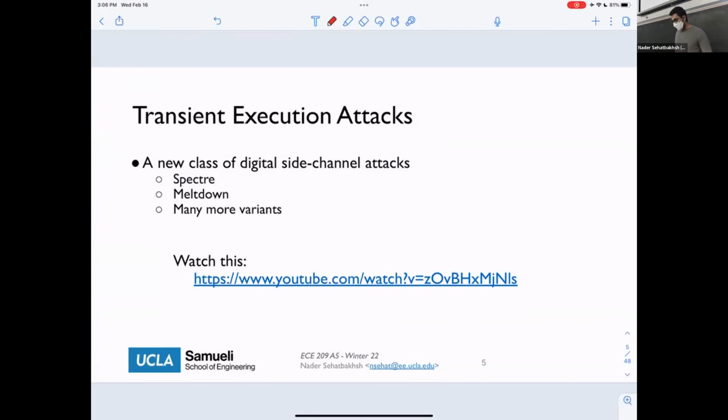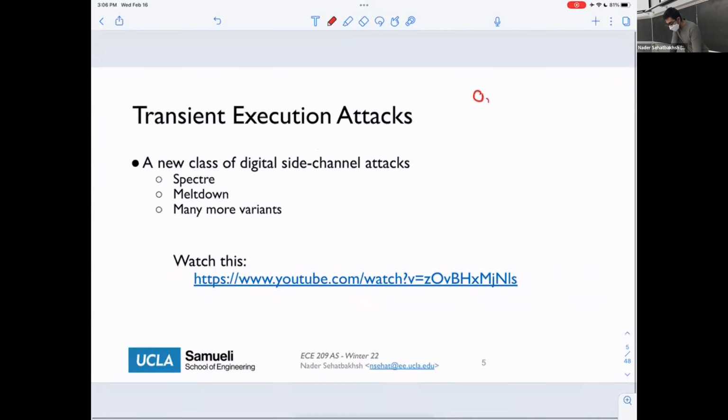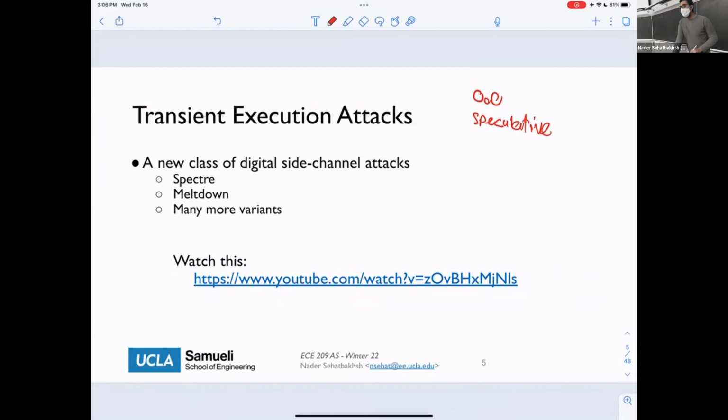and on Wednesday. Generally, just to give you a peek, the idea of transient execution attacks comes from the fact that we have out of order execution and speculative execution, and the attacker can intelligently exploit these two factors in modern processors.